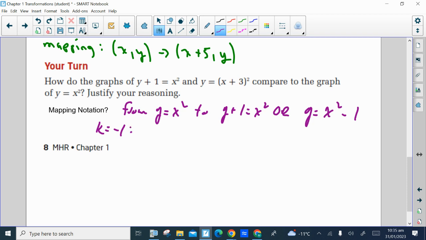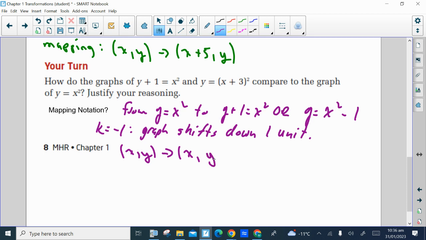So this will shift the graph down 1 unit. A k value of negative 1 means the graph will shift down 1 unit. And so our mapping notation would be (x, y) maps into (x, y minus 1). If it shifts down 1 unit, you're subtracting 1 from all the previous y values.